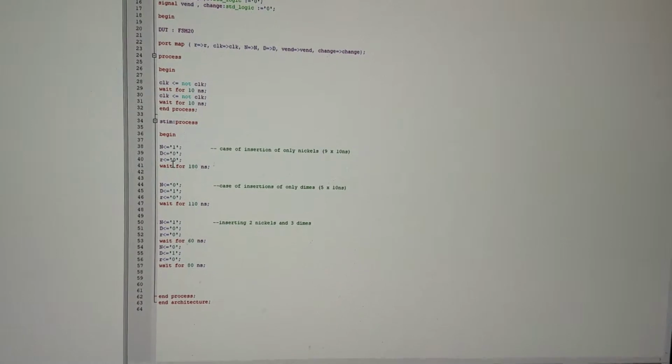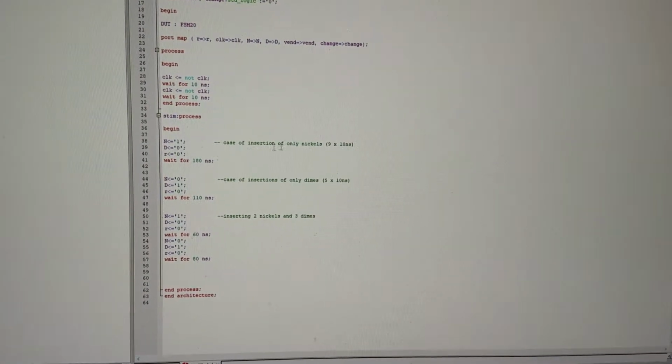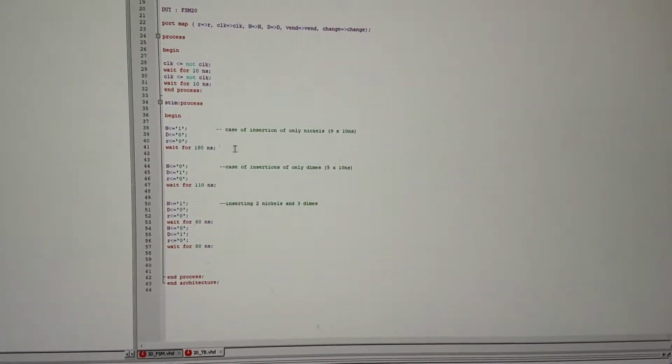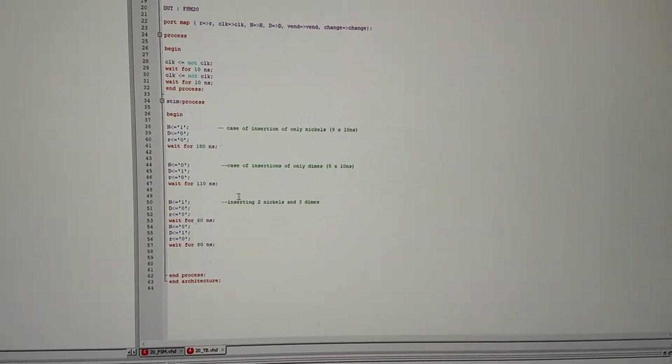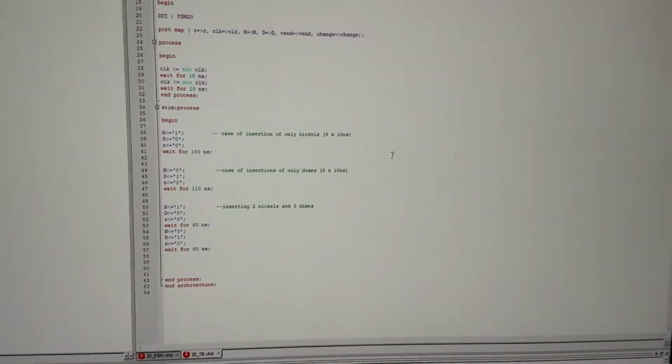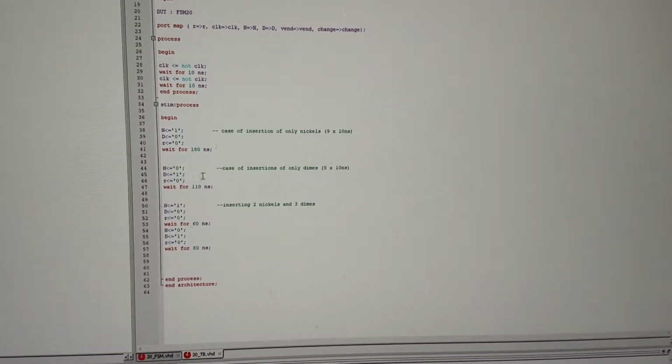This is the test bench. It's a basic setup. All I did was have a case of insertion of only nickels, running for 180 seconds, including the cycle in which we move back to our original state.